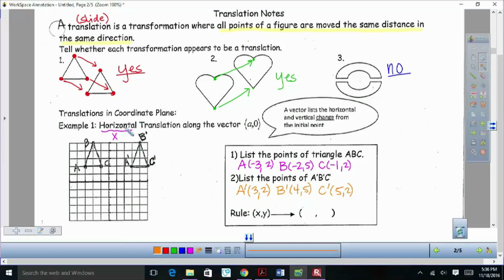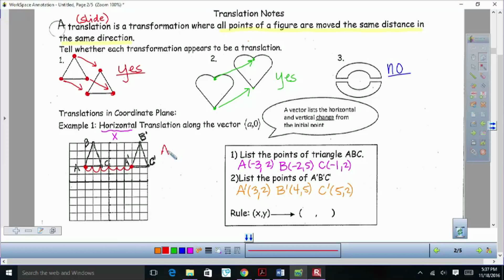Now, this one tells me there's a horizontal change, but in general, to figure out how this figure moved, we would look at one letter. So I'm going to go with A, and I'm going to go from A to A prime and see in what direction I actually have to go. So if I start at A, it looks like I'm going to have to go to my right 1, 2, 3, 4, 5, 6.